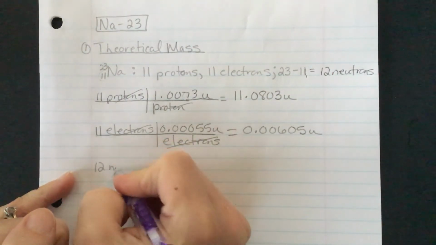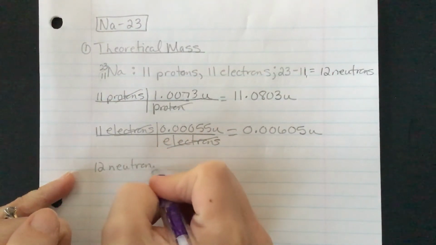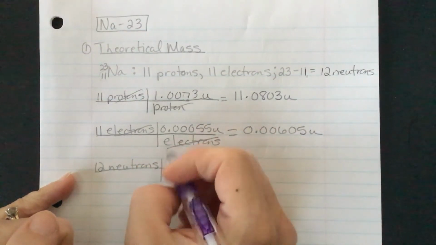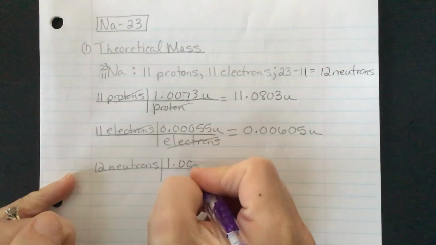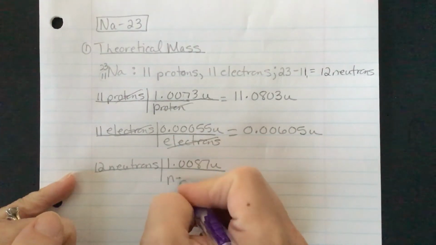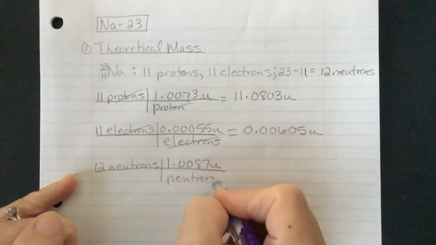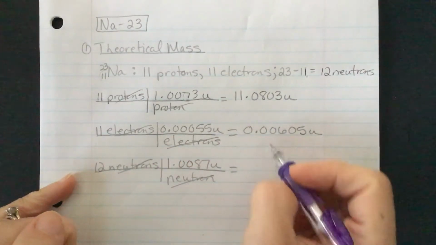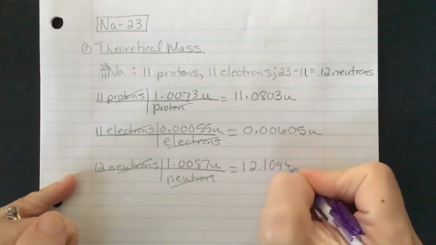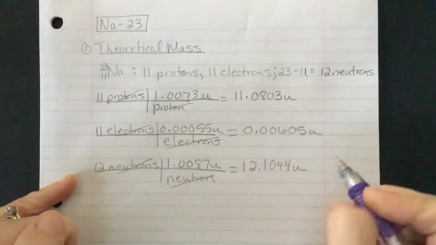And for neutrons, it's 12 neutrons times 1.0087 units is 1 neutron. And when I multiply that, I get 12.1044 units.